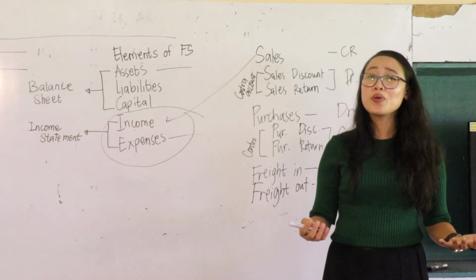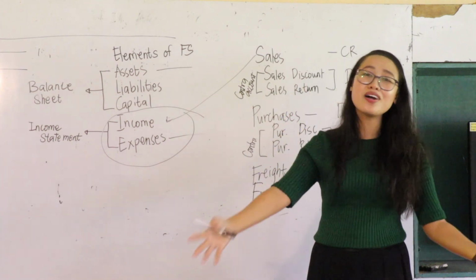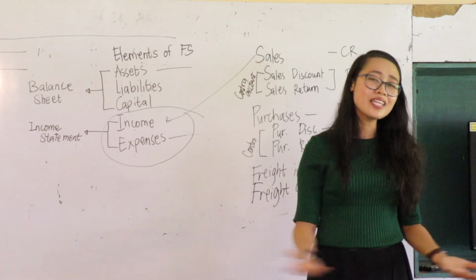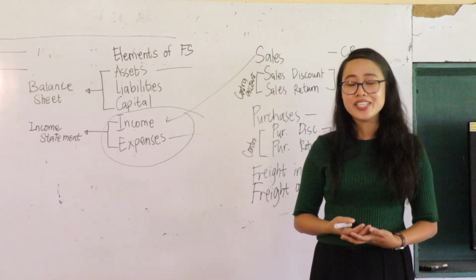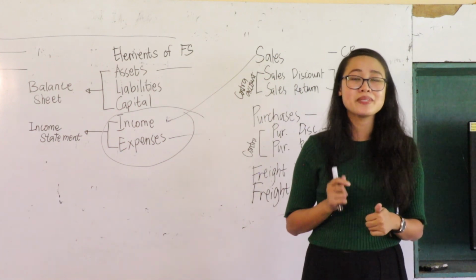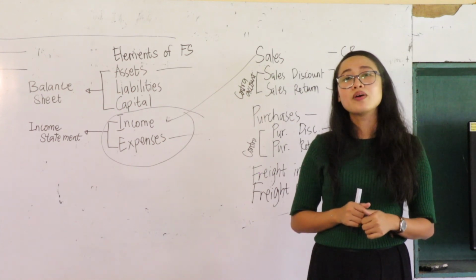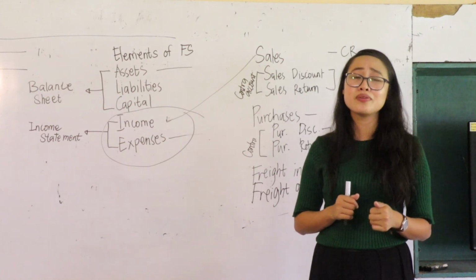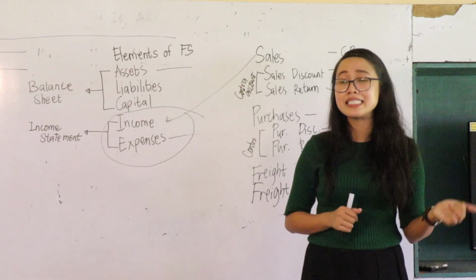So when we say a lot of owners, we will be talking about a lot of capital, and there will be a lot of changes in capital of each of the shareholders. So we will have another video specifically for changes in equity under a corporation when you receive your book, so that you will also have your reference as to what I will be talking about, since we have not discussed this last semester.